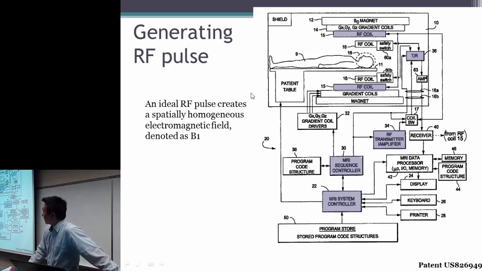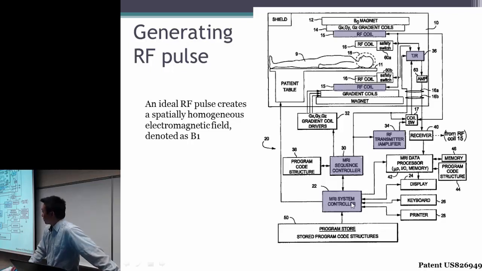To generate an RF pulse, we first have this MRI sequence controller. After we have programmed the MRI sequence, we insert this sequence into the system. So this controller will interpret the program we write and break it down into electronic signals with specific timings.